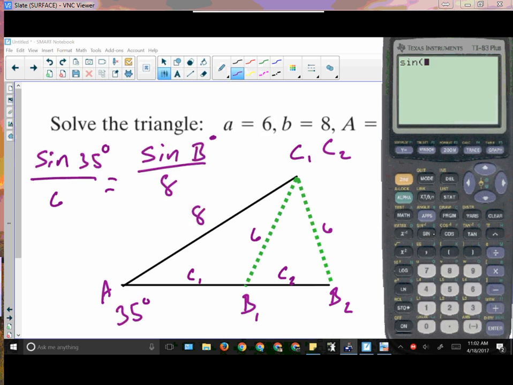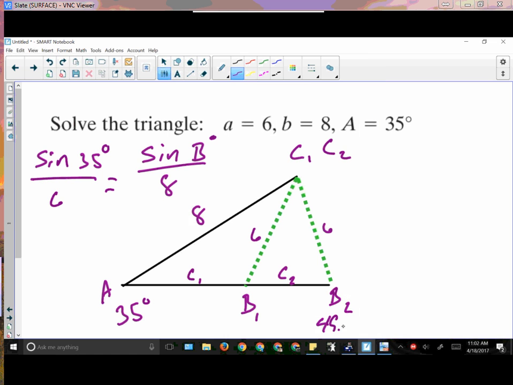Because we're going to take the sine of 35 degrees, multiply it by 8, divide it by 6, take the inverse sine of that answer, and I end up with 49.89 degrees. So this one here would be 49.89 degrees. It has to be that way because it's an acute angle.